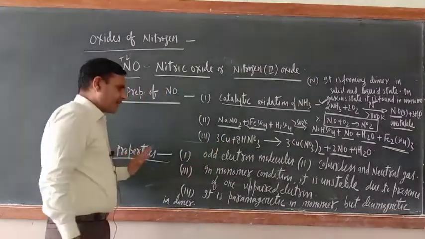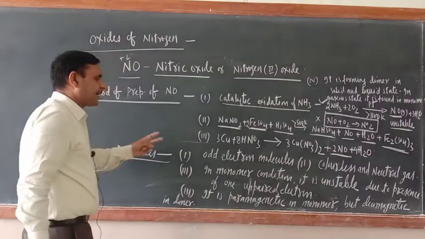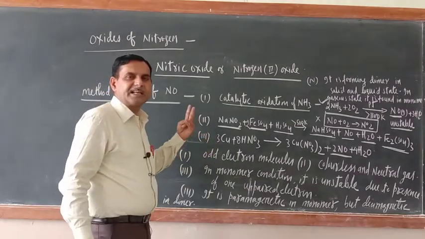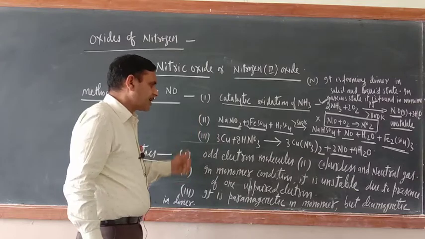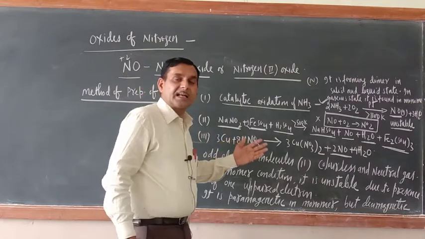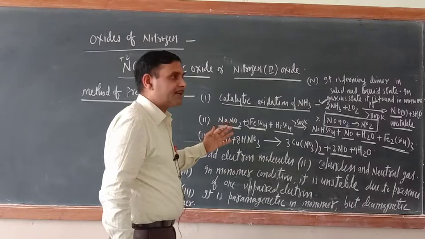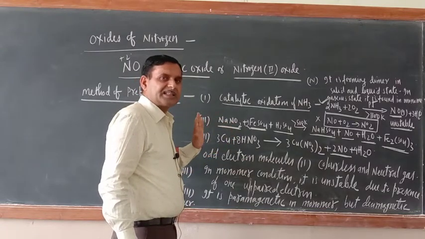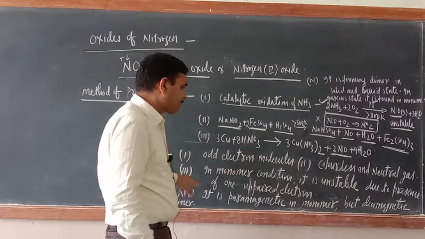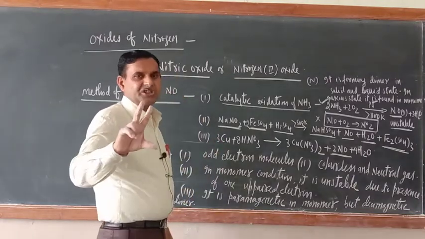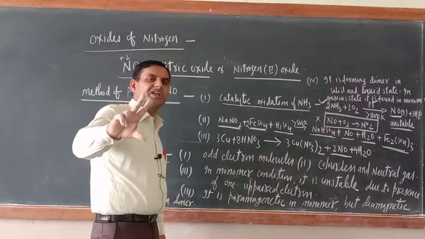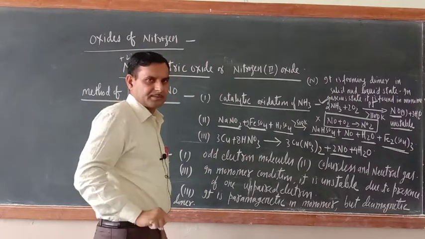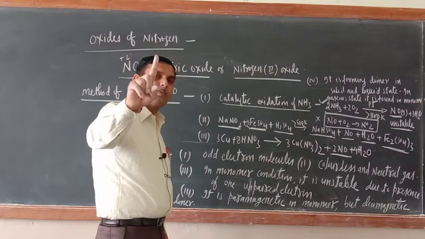Now as far as the properties are concerned, I already taught you this is an odd-electron molecule because it contains 11 electrons. Second, it is a colorless and neutral gas, not acidic. In monomer condition, it is unstable due to the presence of one unpaired electron.